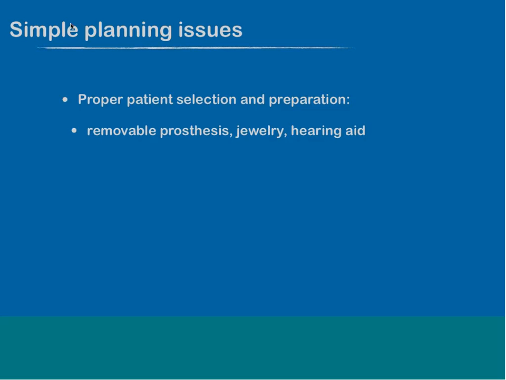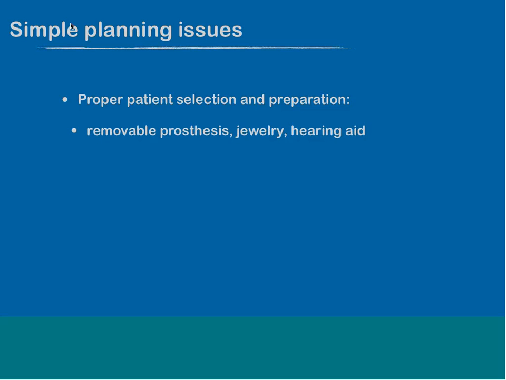We have to check for removable prostheses, for jewelry, and especially for hearing aids. Don't forget hearing aids, because they will cause severe artifacts, especially in the upper jaw. So you can avoid these kinds of artifacts when you check for hearing aids.